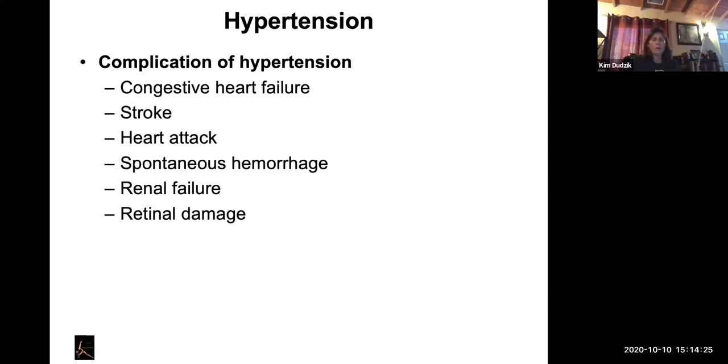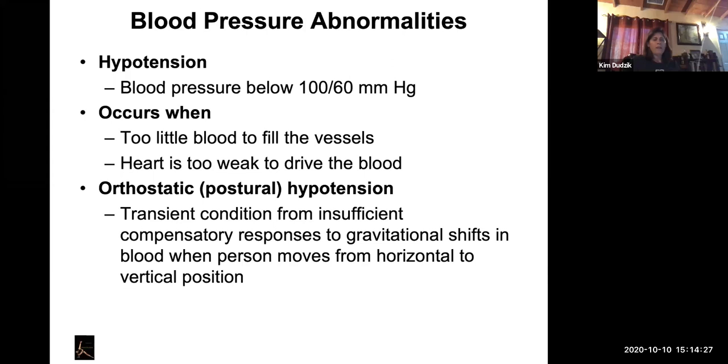Really important. Here's hypotension. This is when your blood pressure is usually below 100/60. So again, not enough blood is filling the vessels, and so you're probably not getting enough blood to your organs, right? Orthostatic hypotension can be really common. We looked at this a little bit already.